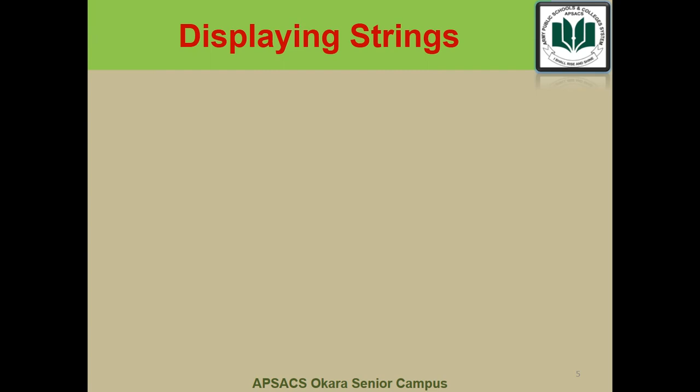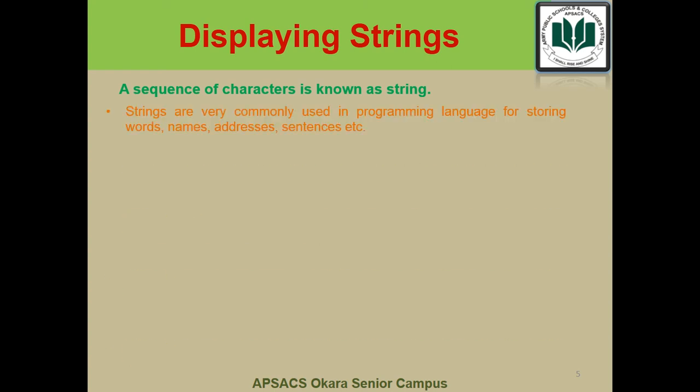Okay, so displaying strings. We will display the strings on the screen. A sequence of characters is known as a string. Okay, what is a string? A sequence of characters is called a string in the C language.